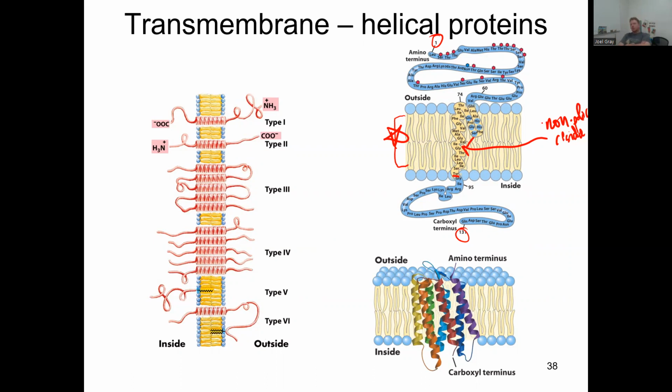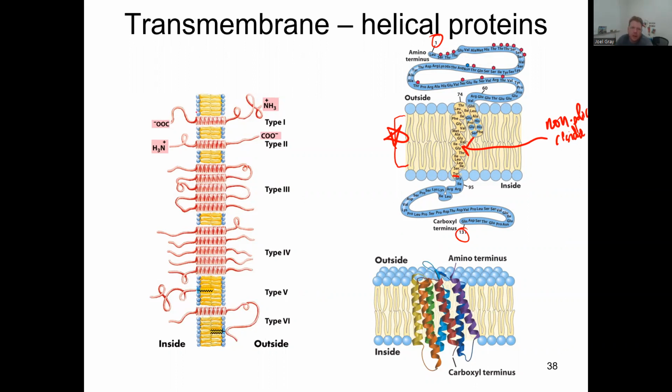That might be a transmembrane protein. So if you know the primary sequence of a protein, you can speculate, aha, that region is very nonpolar, so maybe that entire protein associates with a lipid bilayer.